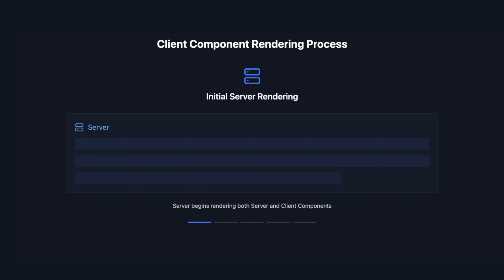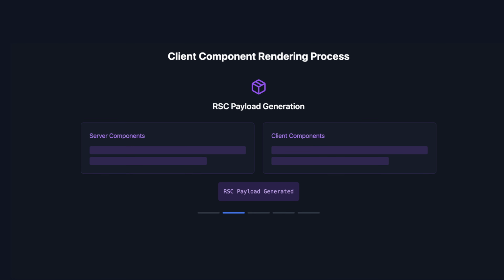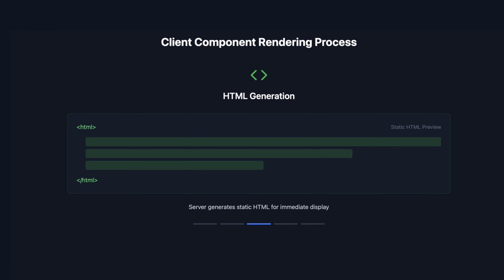So on the server, what happens is that React renders server components into a special data format called the React Server Component Payload. And this payload contains references to client components. Next.js then uses this payload and client component JavaScript instructions to render HTML for that route on the server.